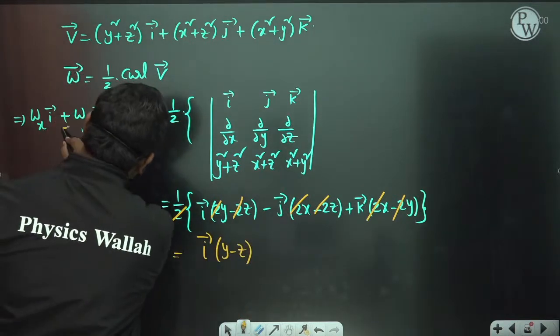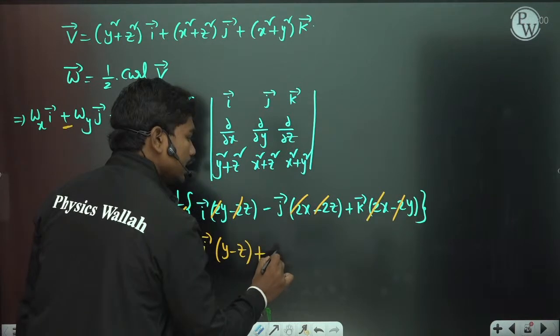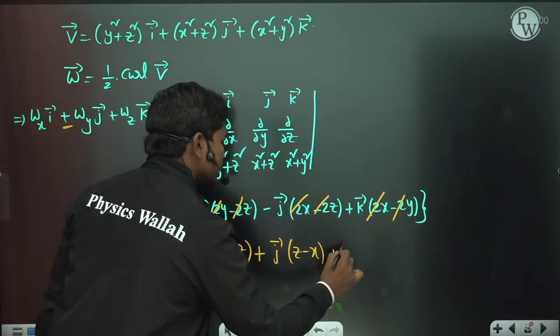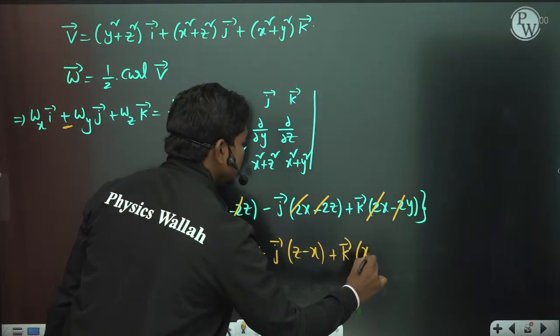We are writing a plus sign here, so let us make it plus, and this turns out to be (z minus x), plus k bar times (x minus y).